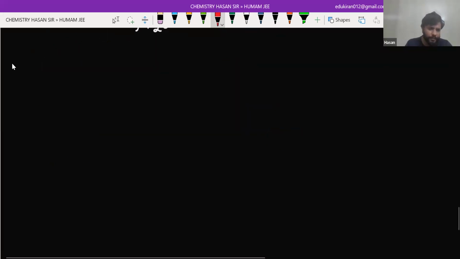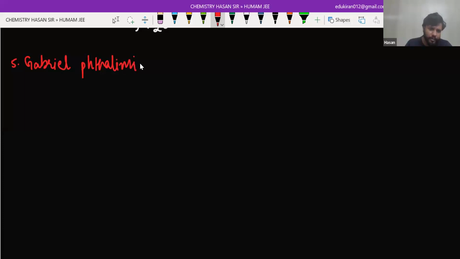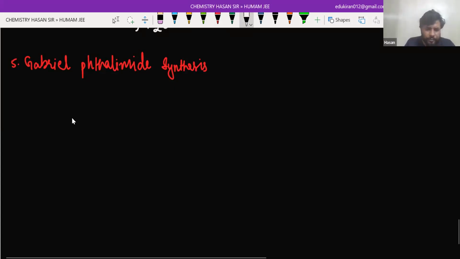Now the next one is the fifth one, Gabriel phthalimide synthesis. The compound will look bigger, but the main product is quite small. We will get 1 degree amine. We are going to use phthalimide.